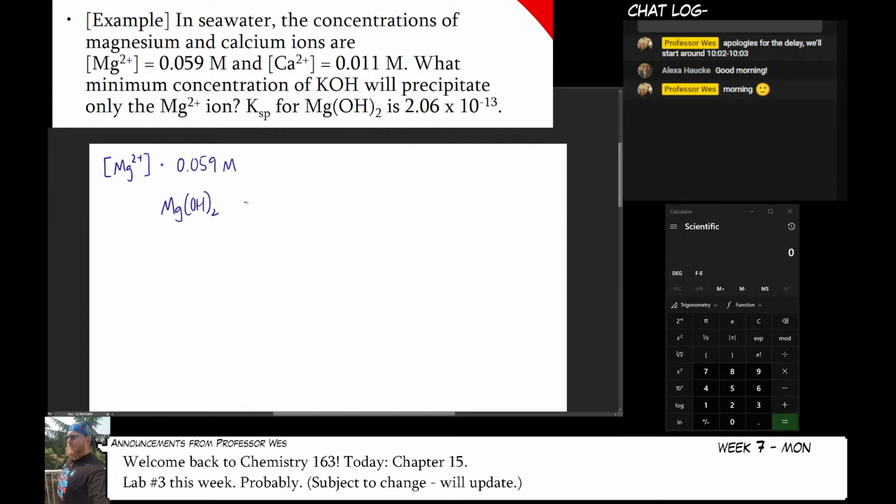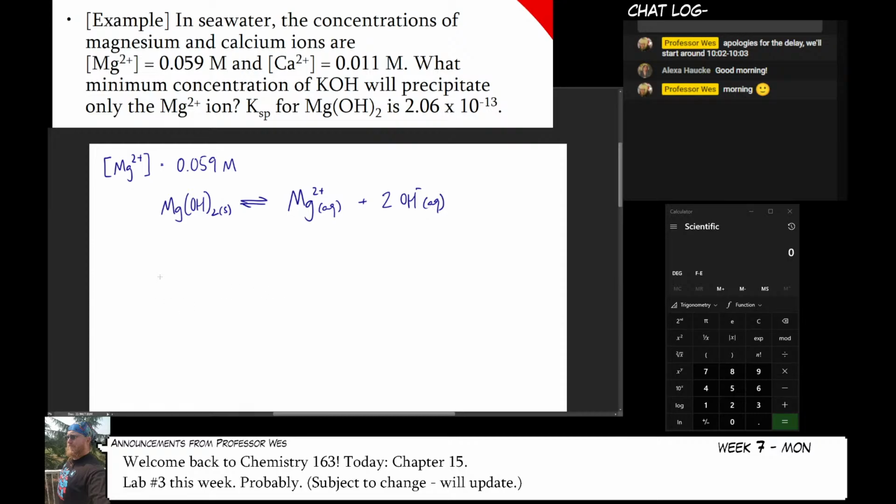Well, it's going to make this. Because hydroxide has a -1 charge and magnesium is +2, I need 2 of these. And if I were to write out its solubility equation, I would get this, with the solid over here. So this is the information that I know at the start of the problem.